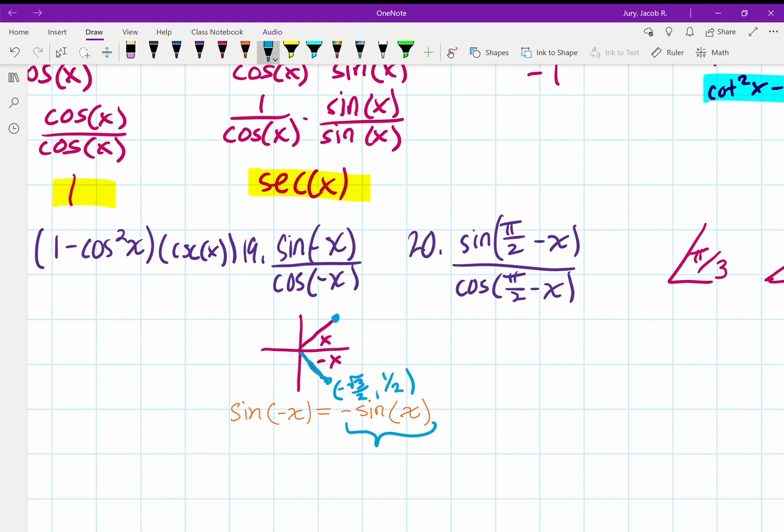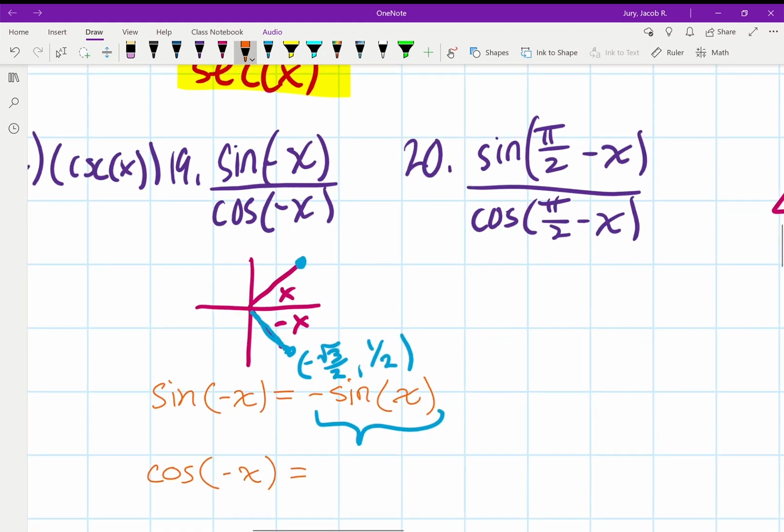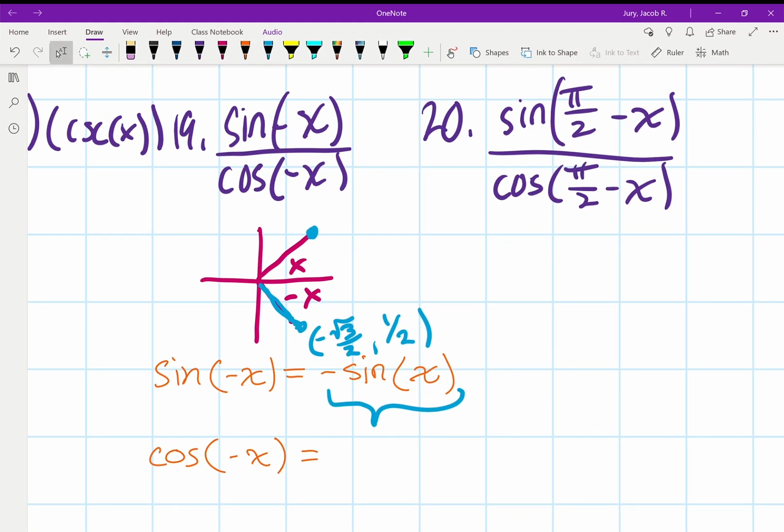So if we look at a cosine version of this same idea, cosine of negative x, it doesn't look like cosine's value changes, because remember, it's just the x distance on this triangle.